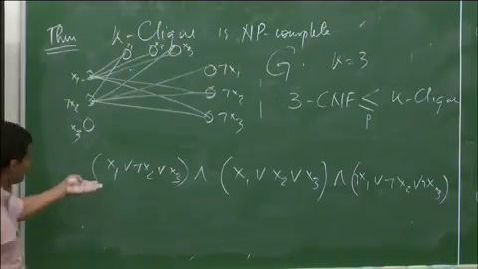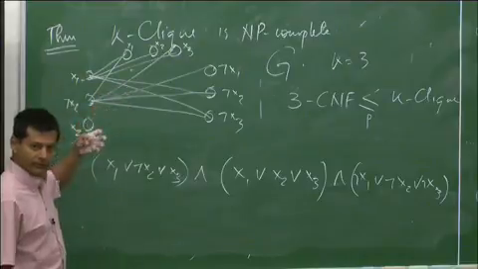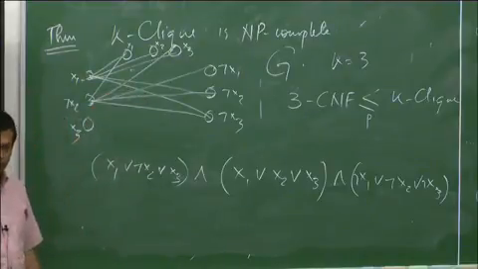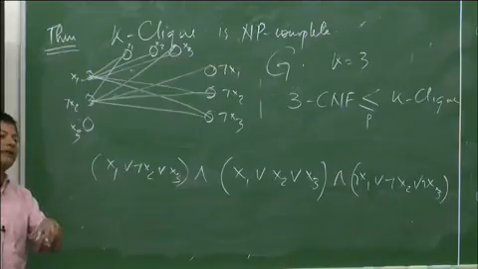So, I am going to show if this is satisfiable, there exists a k-clique, and if this is not satisfiable, there does not exist a k-clique. Right? A implies B is the same as not B implies not A. So, you can go about it any which way.